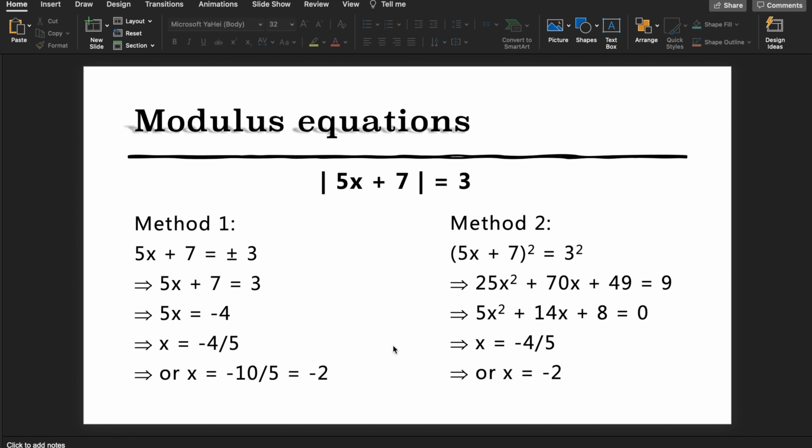So either way, you'll get the same answers, but I prefer the first method because this is very lengthy and kind of time consuming. Plus, you'll have to find out the quadratic equation, and then you'll have to solve it. So it will take more time. Therefore, I prefer the first method. But if you have no problem, you can do this also.